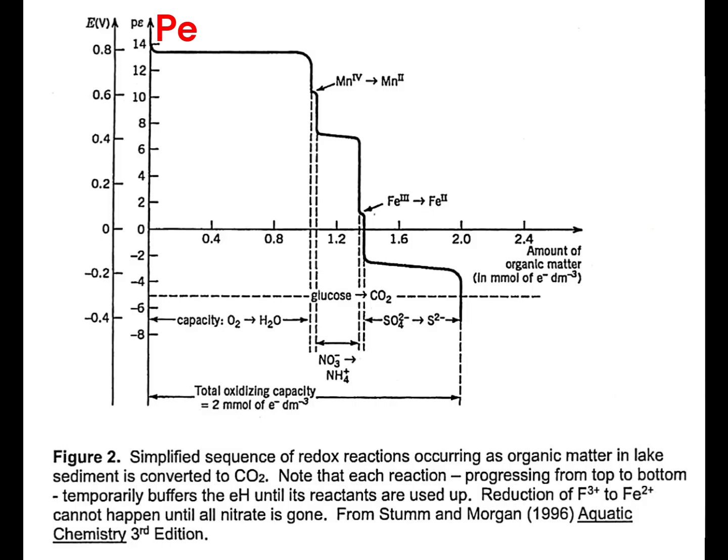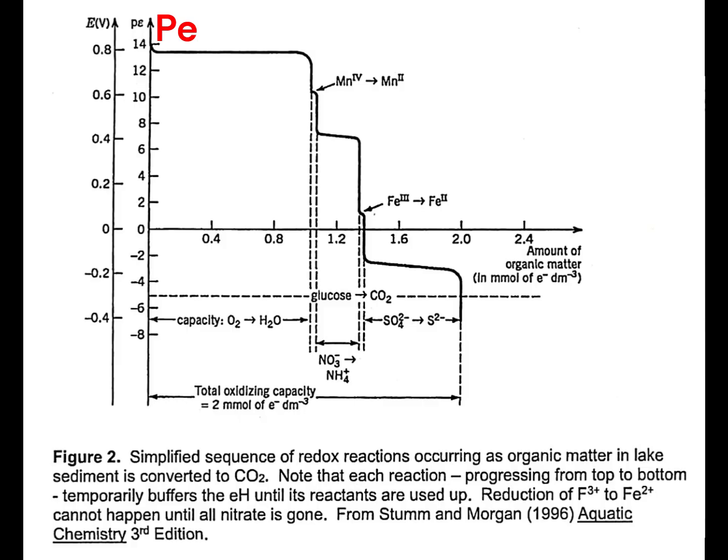So if you have a lot of undecomposed organic matter on the bottom of the lake, you'll tend to have low oxygen. So as that material decomposes, we're going to move from left to right across the diagram. That's just saying more decomposition is going across the diagram to the right.